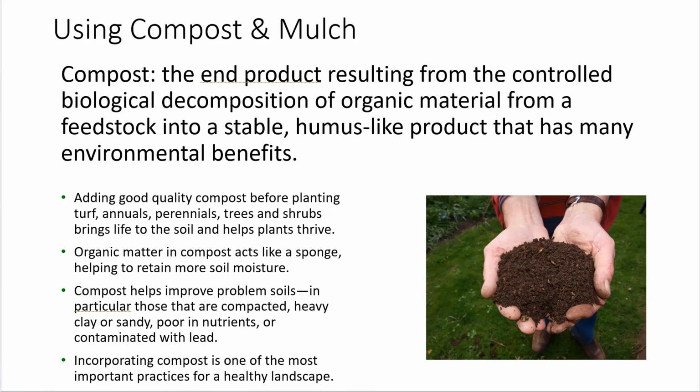Bring it up to 2%, it can hold 2 more quarts of water. So in that single cubic foot of mineral soil, for every 1% more organic matter that's added, it is capable of holding 1 additional quart of water. Organic matter in compost acts like a sponge, helping to retain more soil moisture.